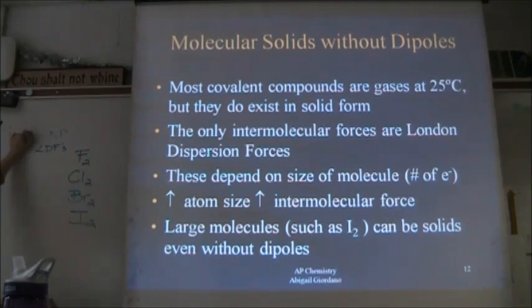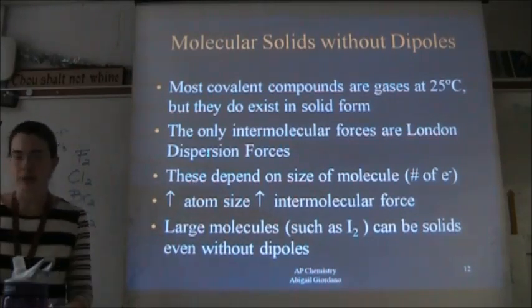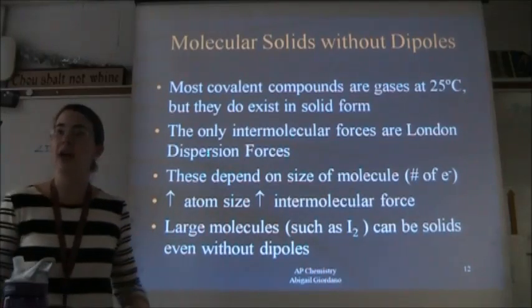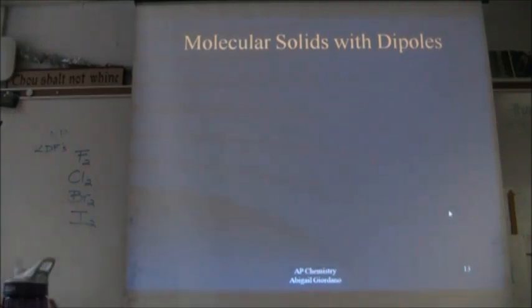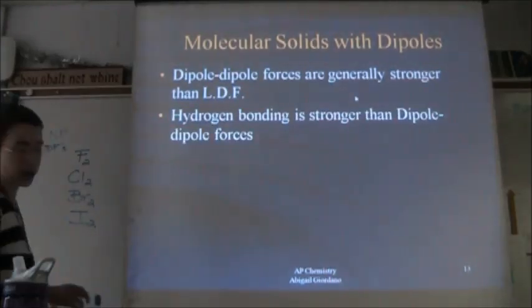If we're talking covalence without dipoles, meaning nonpolar, the other type would be, what if they are polar? And guys, if a molecule is polar, it doesn't have just LDFs. What else does it have? Dipole, and it might also have hydrogen bonding. Okay?